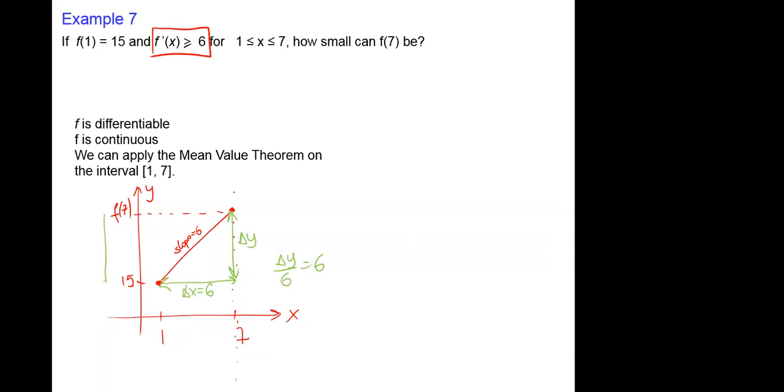That means this distance must be 36. If we are already 15 units up, what will be that height? I think we have to just subtract these numbers.